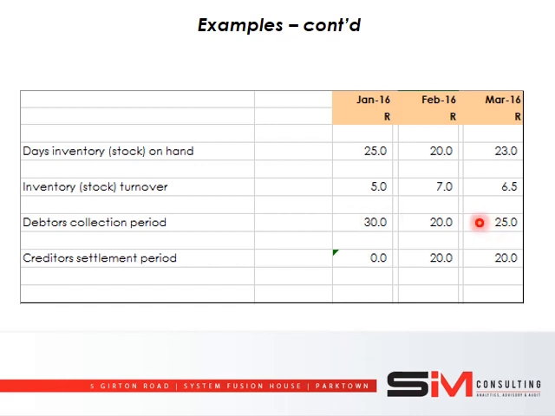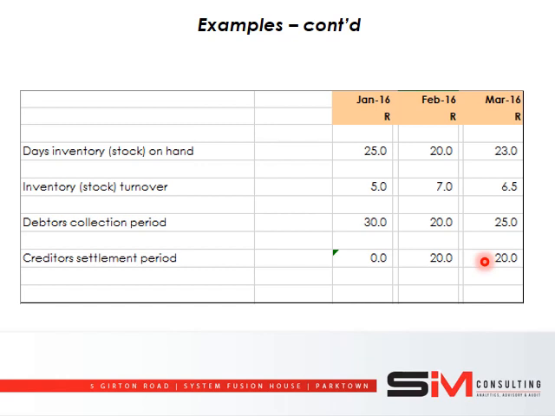March 2016 will show you your debtors collection period is 25 days compared to February's 20 days. That means the company is relapsing again, collecting slower by 5 days. Creditor settlement for March is the same as for February. That means we have been consistent.